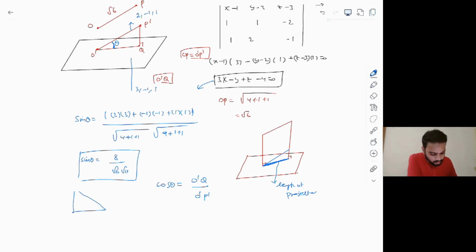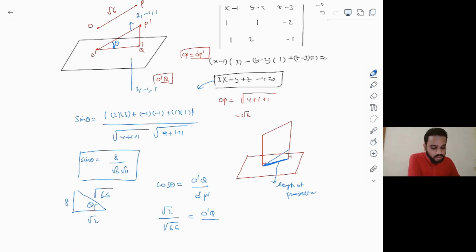If you want, I can do the calculation for you quickly. Sine theta is 8 and this is hypotenuse root of 66 here. Finally, your adjacent side is 66 minus 64, that is square root of 2. So cos theta value here will be square root of 2 divided by square root of 66, equal to O dash Q divided by O dash P dash.